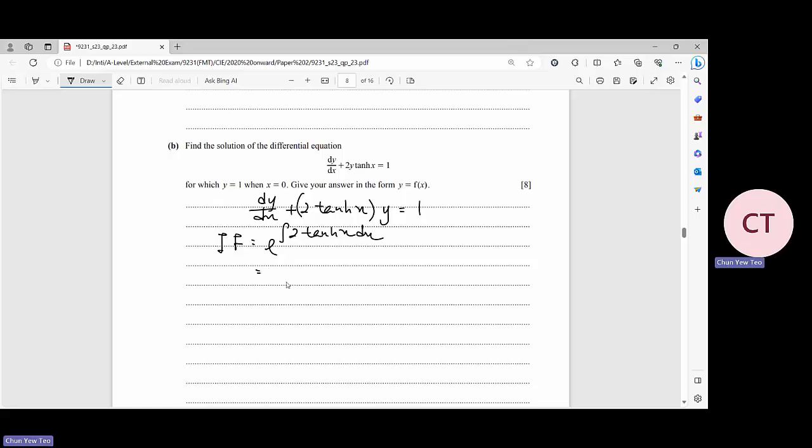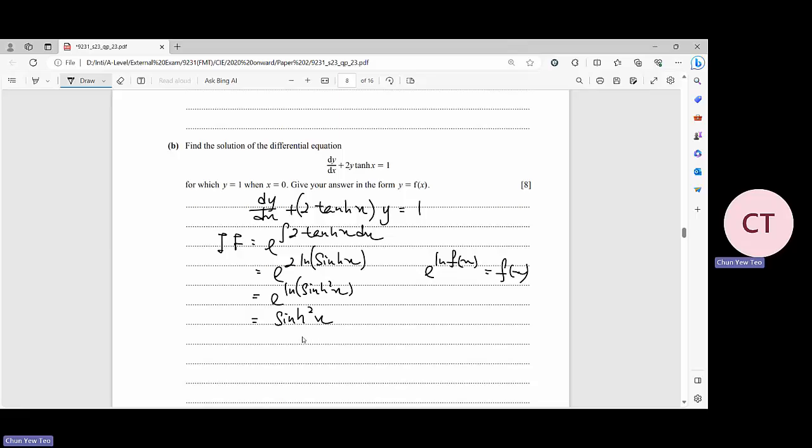Integrate 2 tanh x, if you refer to the formula booklet, you're supposed to get 2 ln of sinh x. But we have a formula, e power ln of whatever is equal to whatever. By applying this result, I get e power ln of sinh square x, so this will be sinh square x. That will be your IF.